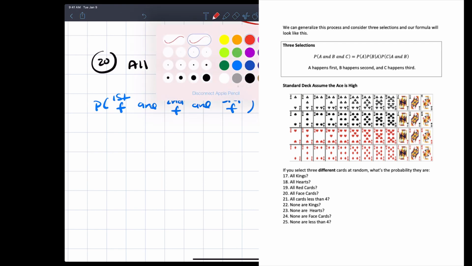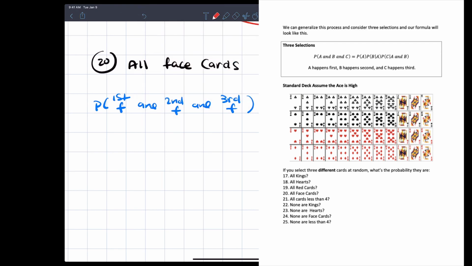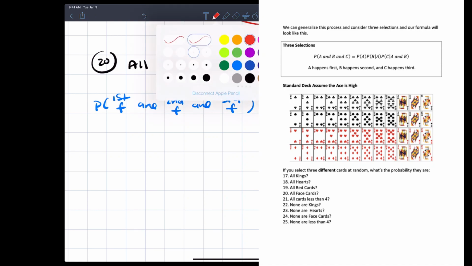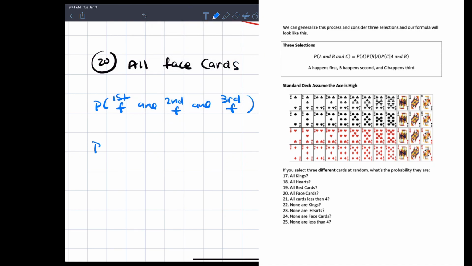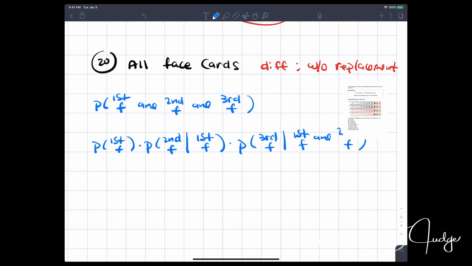Let's remember, being different is without replacement. Probability of the first is a face card times the probability of the second is a face, given the first is a face. The probability of the third is a face, given the first is a face, and the second is a face.